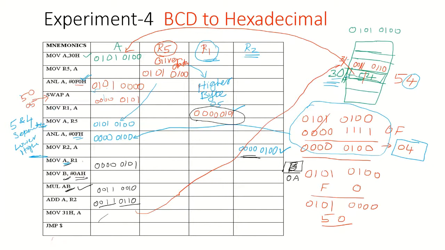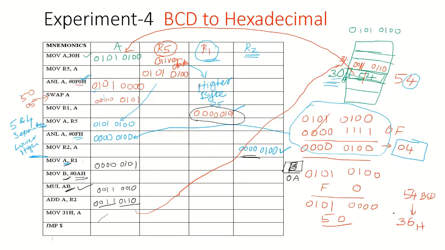So the final output is 36. We have converted 54 BCD to 36 hexadecimal.